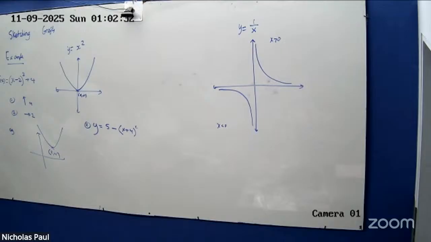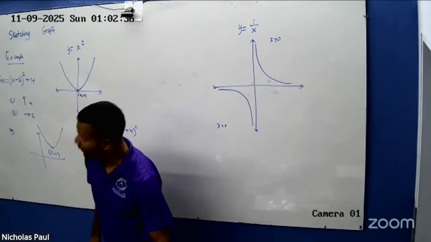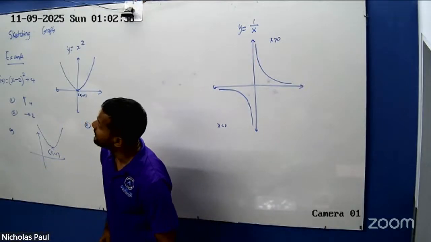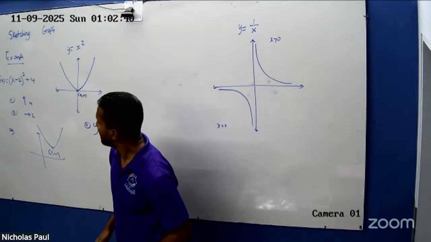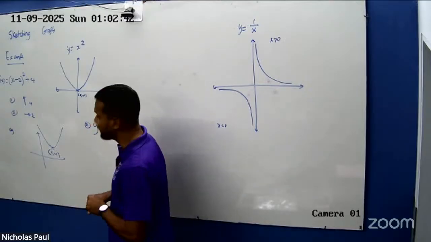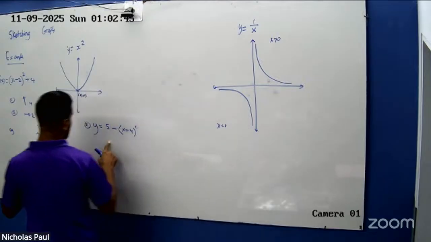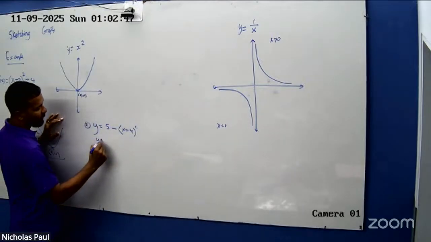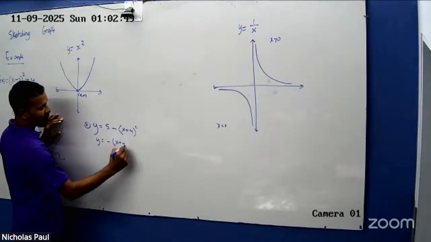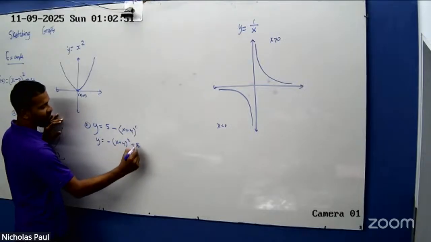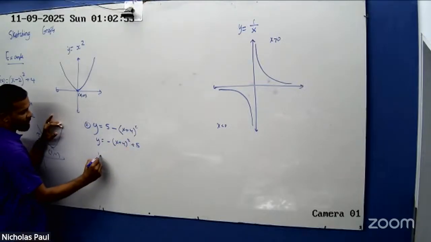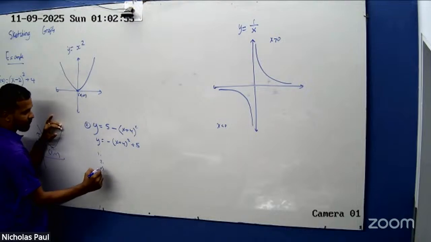Sometimes I like to rearrange it like this. So I'll put minus x plus 4 squared plus 5. So you have 3 shifts there. See if you're seeing them.